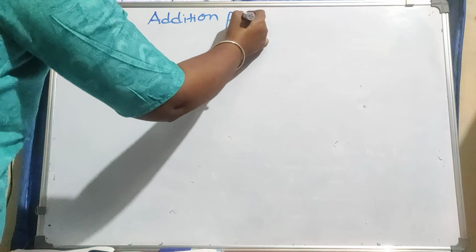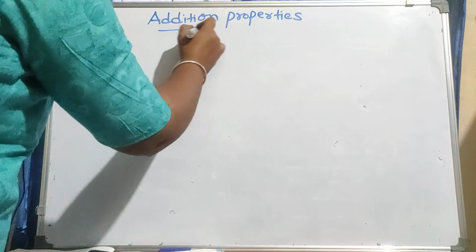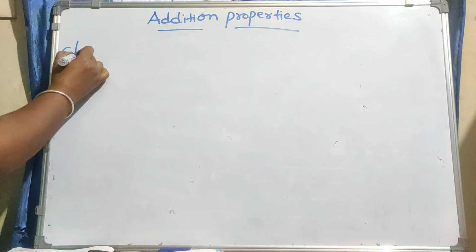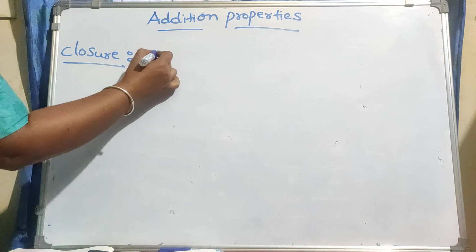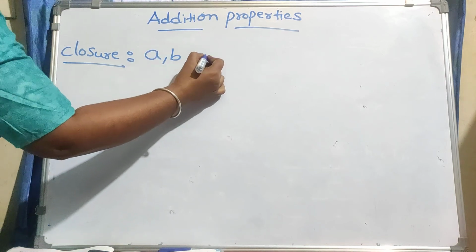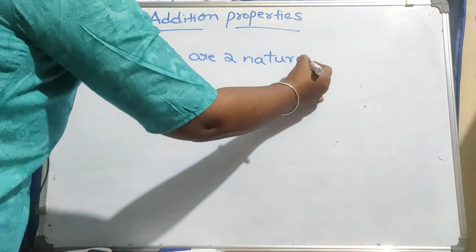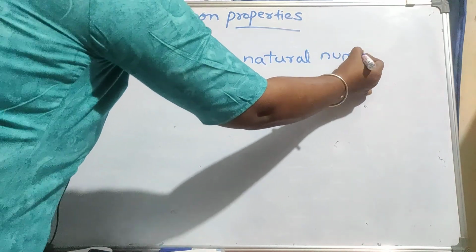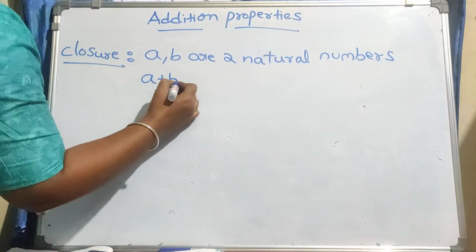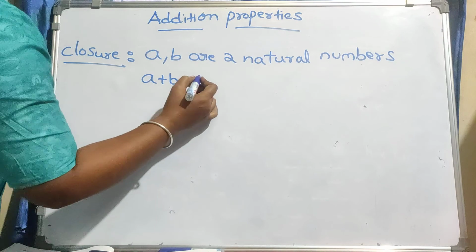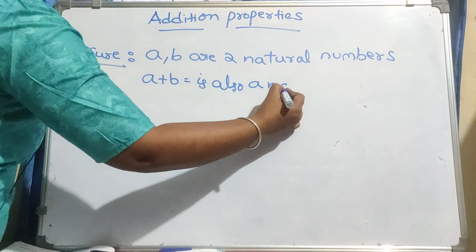Addition properties. Closure. Example, if A comma B are two natural numbers, then A plus B, whatever the sum we have, is also a natural number.